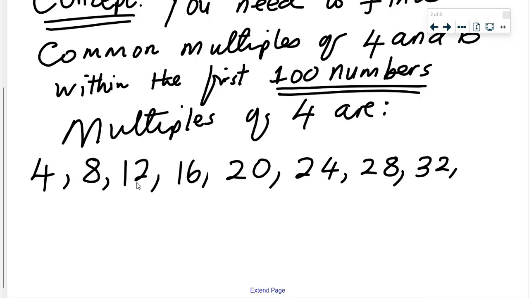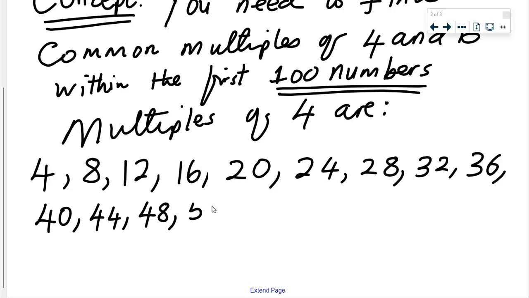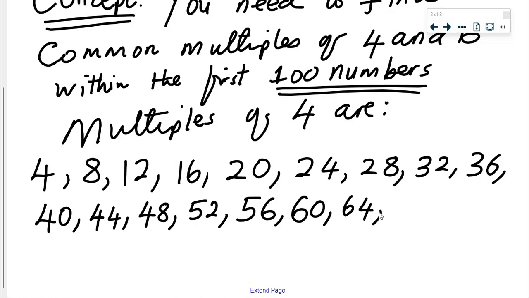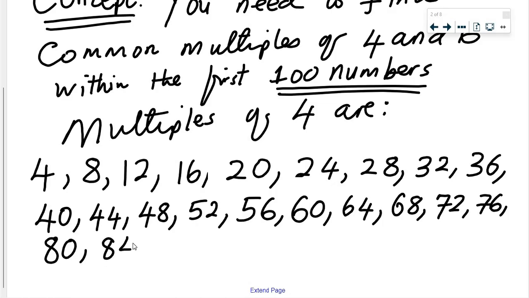So this is 4, 8, 12, 16, 20, 24, 28, 32, 36, 40, 44, 48, 52, 56, 60, 64, add 4 here, 68, 72, 76, 80, 84, add 4, 88. After 88, what do you have?